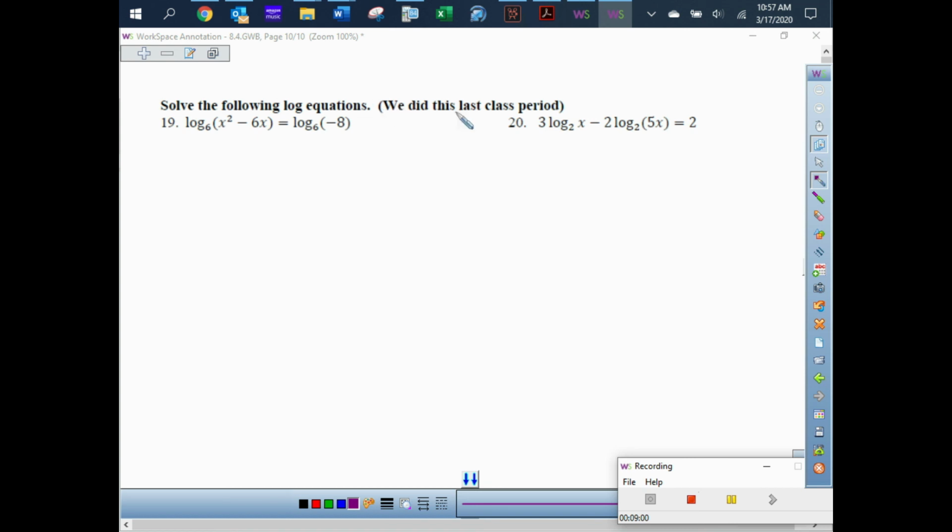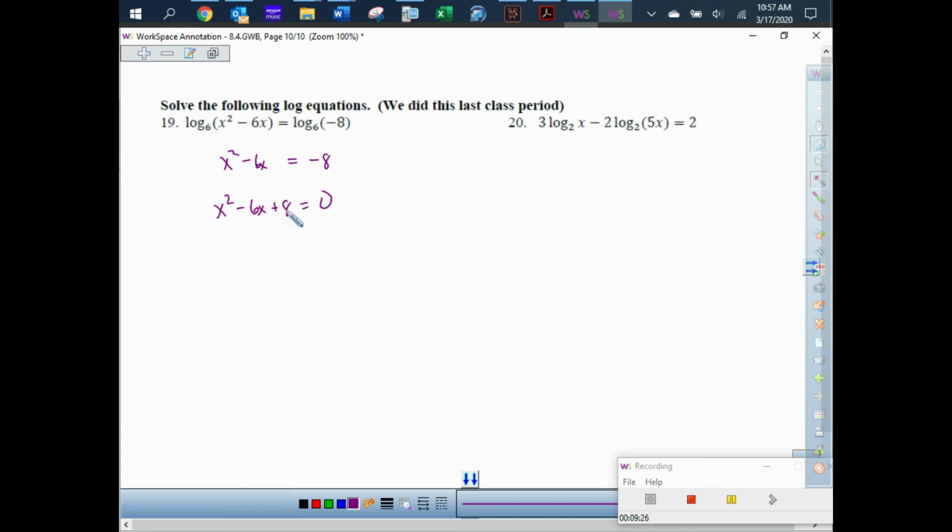And then to finish this guy out, we're just going to refresh the memories from what we did last time, solving log equations. The question you're asking yourself is, does every term have a log with it? In this guy, that's yes. So that means you can drop the logs and set the arguments equal to each other. Since this is quadratic, we're going to get them equal to 0. X squared minus 6x plus 8 equals 0.